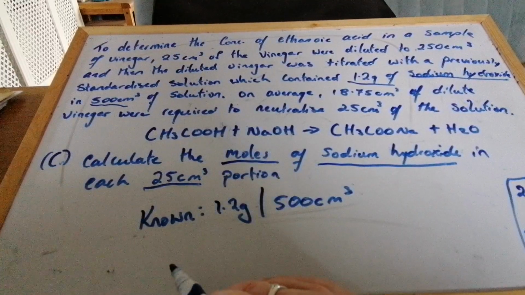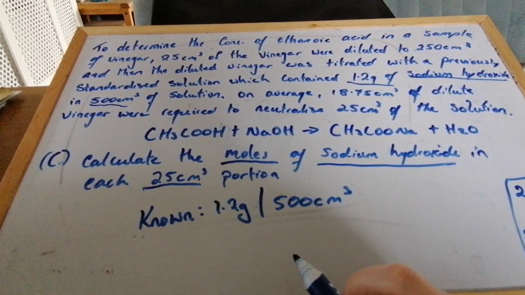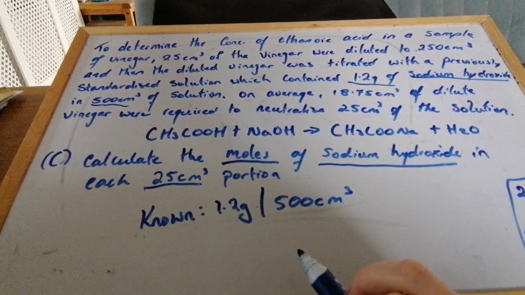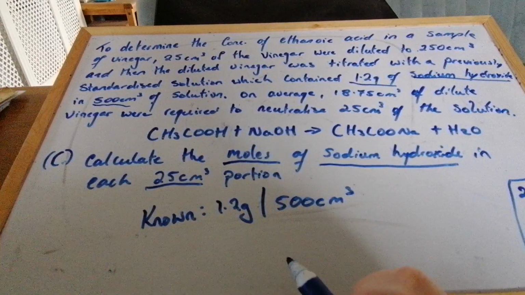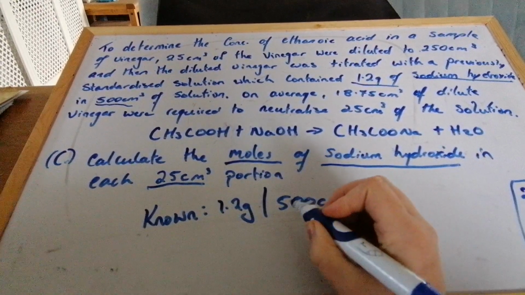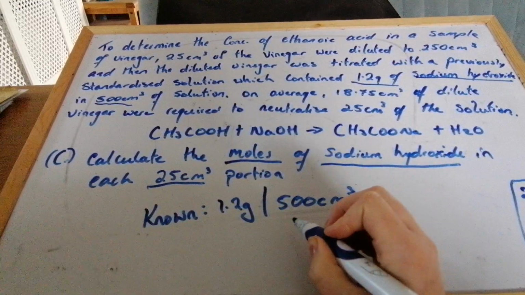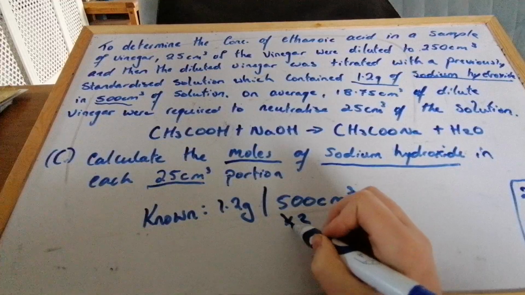So we're going to bring this to molarity first, okay? So to bring this to molarity, what we're going to have to do is, first of all, we need to bring this up to 1,000 centimeters cubed, and then we need to find the number of moles. So to bring this to 1,000 centimeters cubed, I'm going to have to multiply by 2.